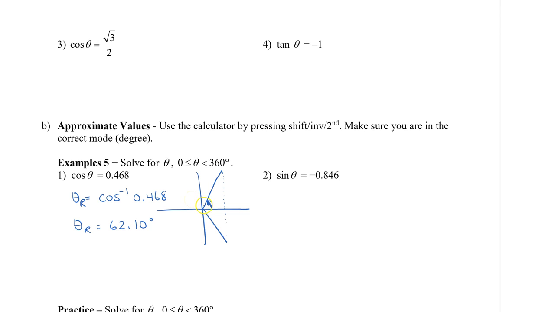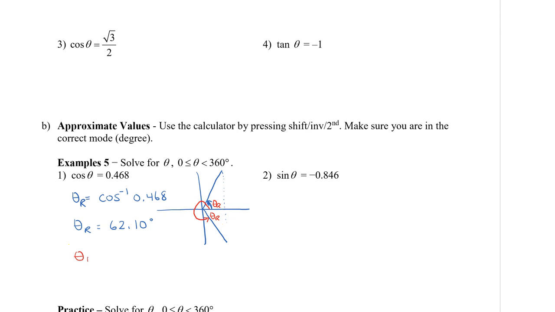To find the second angle, which is from here in standard position all the way to the fourth quadrant, I know that my reference angle is here in the first quadrant and my reference angle is here in the fourth quadrant.